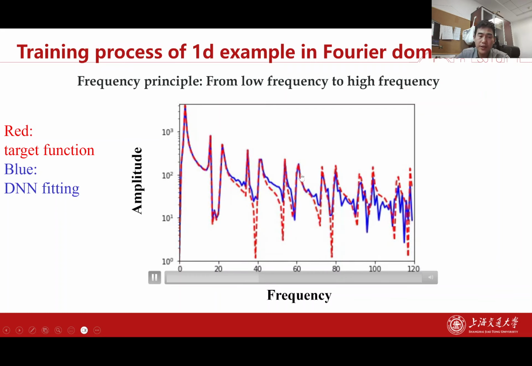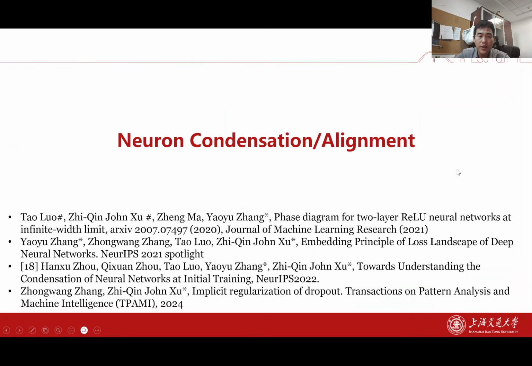Although this very simple experiment may not be sufficient to support our claim that the neural network learns from low to high frequency, it inspires us to design more and more complex experiments to show that this frequency principle is very common. Okay, the second phenomenon is called neuron condensation or neuron alignment.